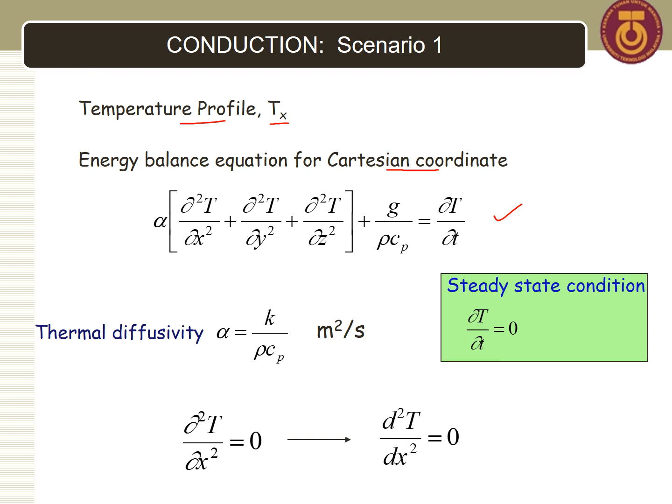First, because we only consider the heat transferred in one direction, the x direction, the parts which involve y and z in the Cartesian coordinate system become 0. We also know that in our system there is no heat generation, so the heat generation part also becomes 0.